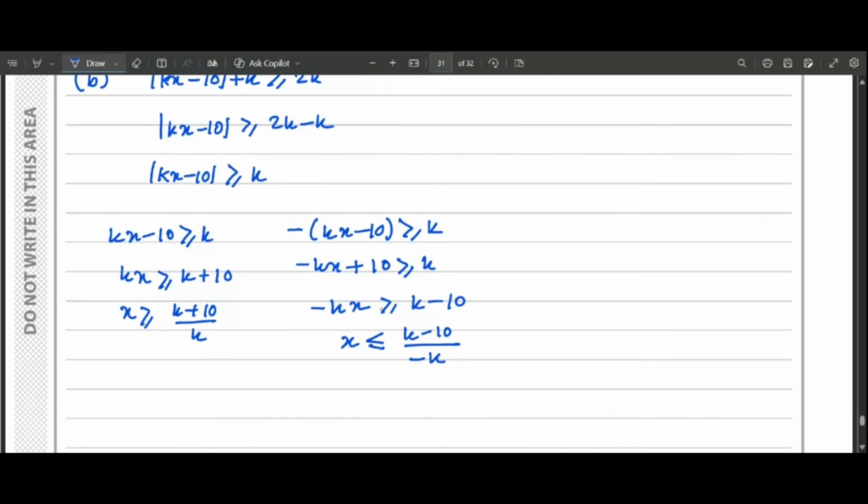Notice here we have changed the sign from here to here because we are dividing by minus k. When we divide by a negative, we know that we have to change the sign. So we have changed the sign of the inequality. Now upon further simplification, we get that 10 minus k divided by k is our solution.